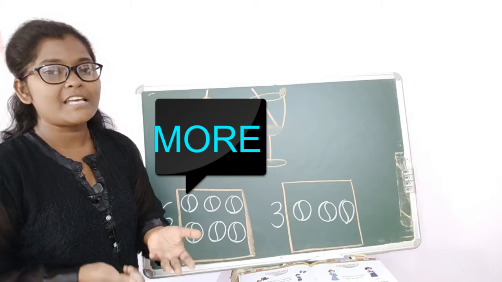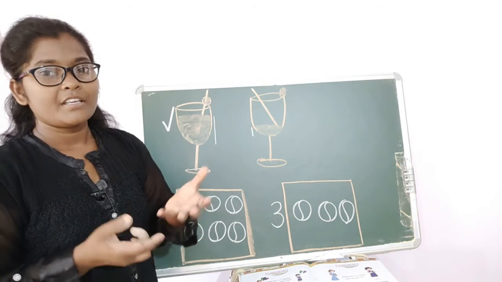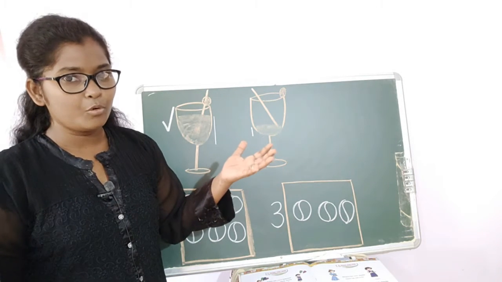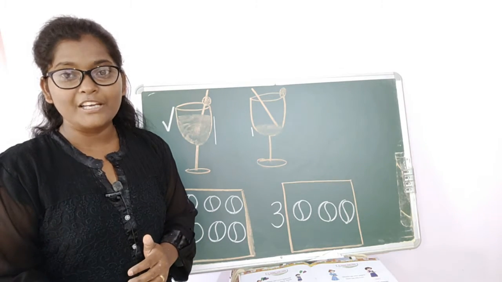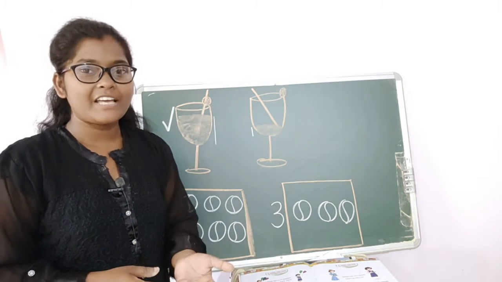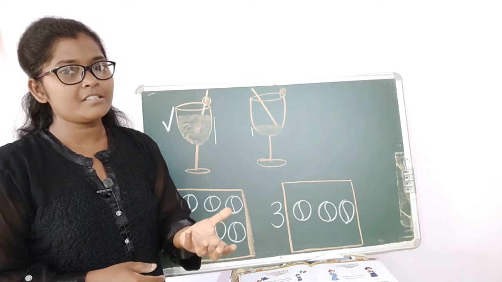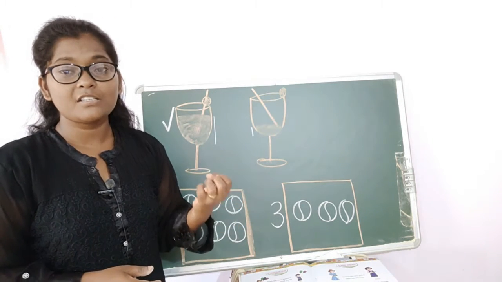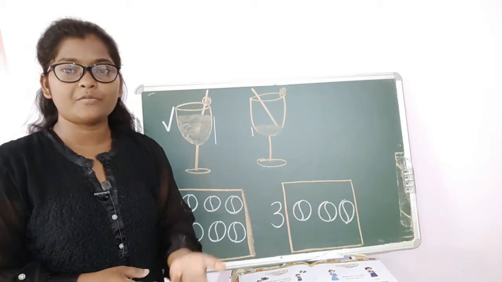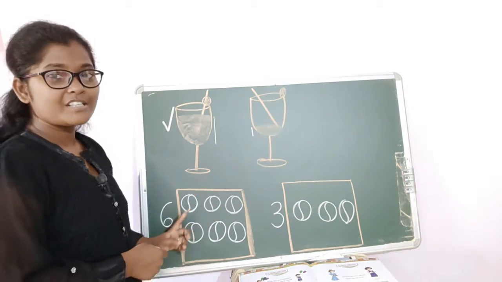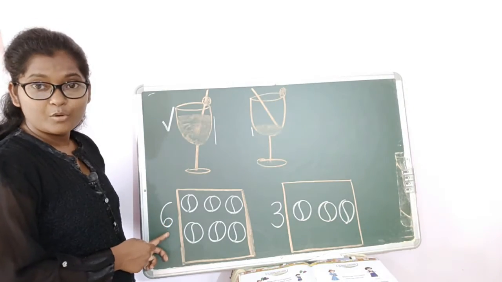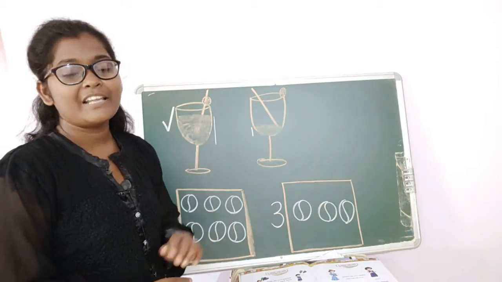If you find anything in quantity more, you have to say yes, it is more in numbers. If you find any object whose quantity is less, you have to say this is less. Okay. Now see children, 6 is more and 3 is less.